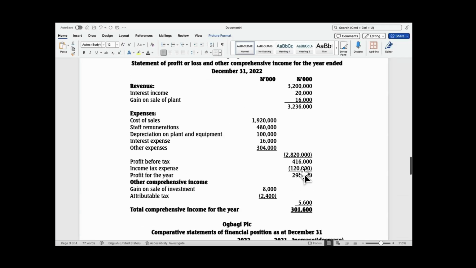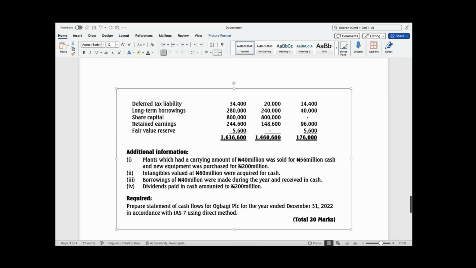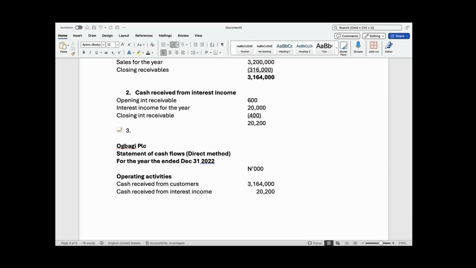So I move to the next item. Since I'm ignoring the gain on sales of plants, I go to cost of sales, which is the next item. Now, my cost of sales, you know that cost of sales is opening inventory plus purchases minus closing inventory. First, opening inventory and closing inventory are non-cash items. I need to remove those first so I can get my purchases. That's my first task. So let me quickly do that. For my cost of sales, working, determination of purchases.